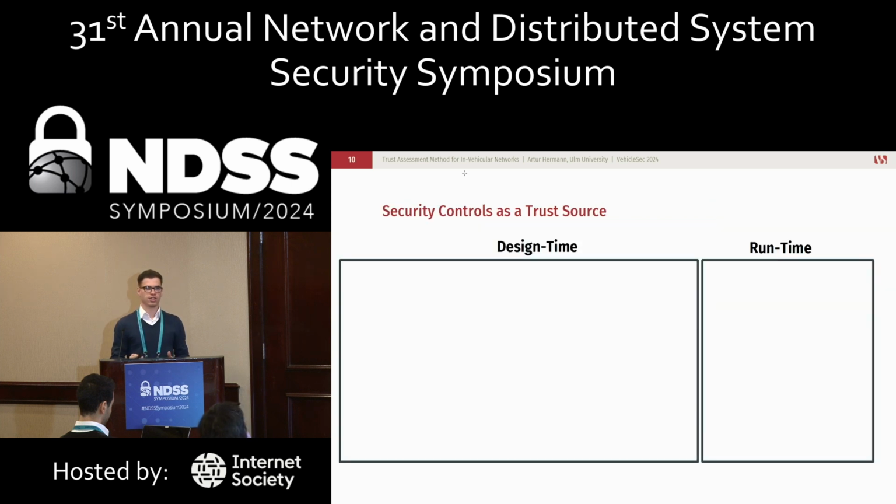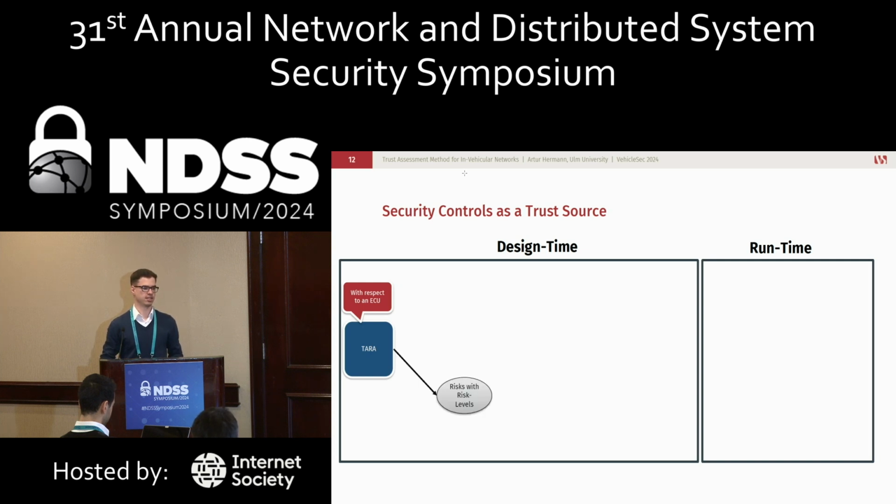Our approach is divided into a design time and a runtime part. At design time, a threat analysis and risk assessment is done, or for short, TARA. This is a standardized approach where the risks are determined for the ECU for which the trust opinion is calculated.